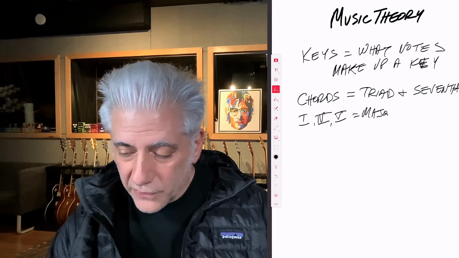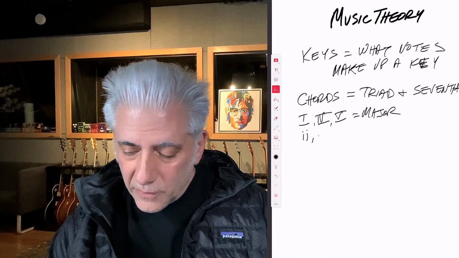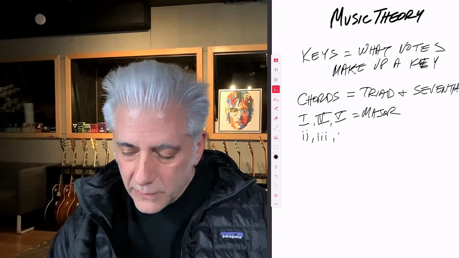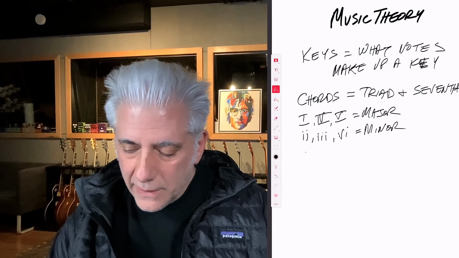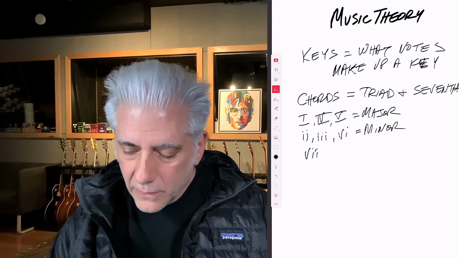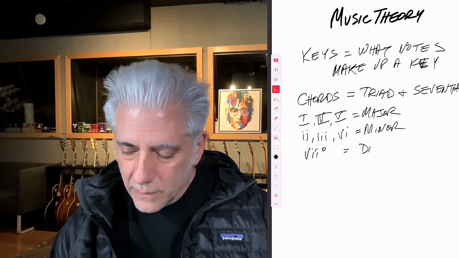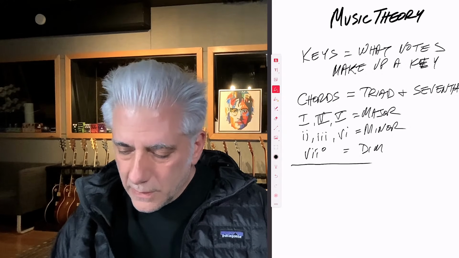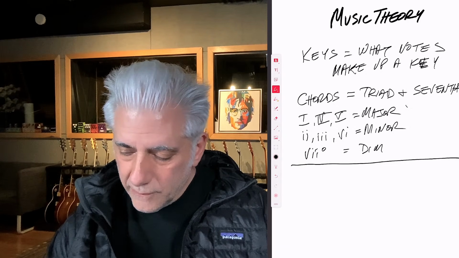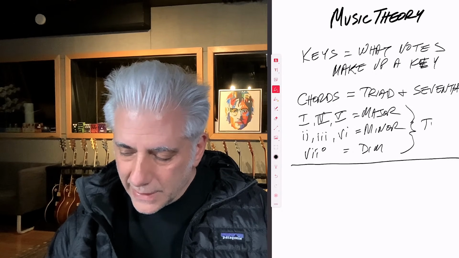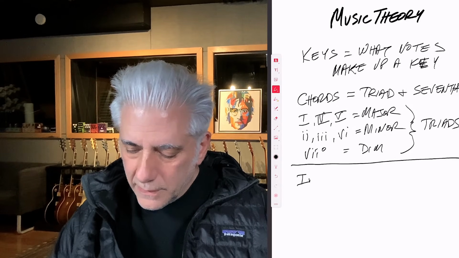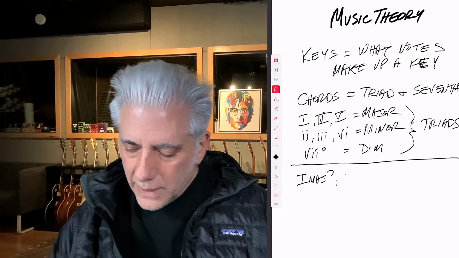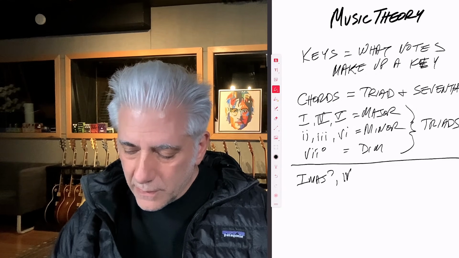We're going to just drill this stuff. 2, 3, and 6 are minor. 2, 3, 6 are minor. And the 7 chord is diminished. Those are triads. And then your seventh chords, 1 and 4 are major 7.